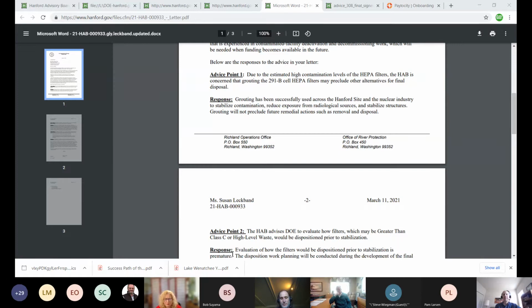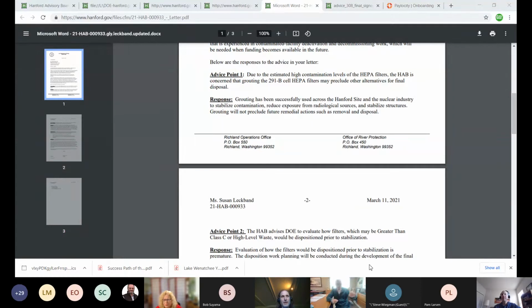And my suggestion to ecology is to not allow that to be changed. And I think folks need to prove, if it's not greater than Class C, then they need to prove that it isn't, and they shouldn't be trying to apply the weight of the grout toward making it not designate as something.